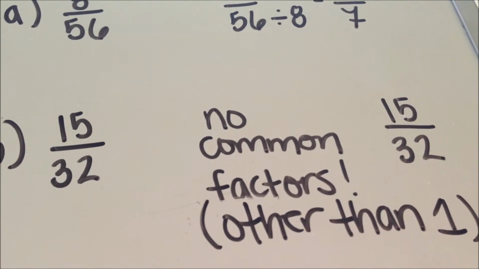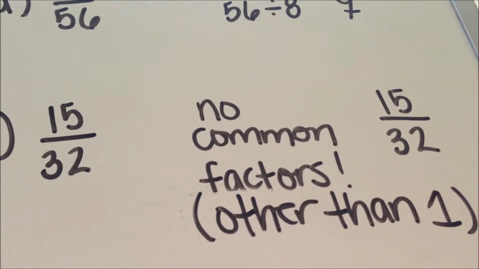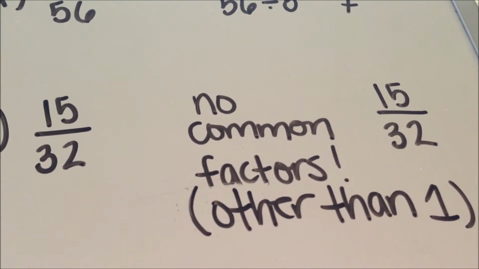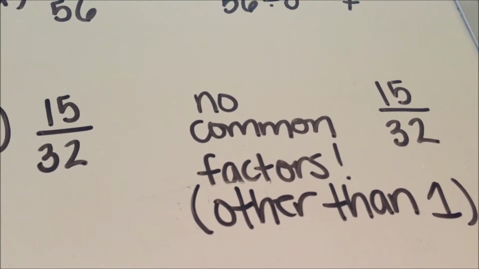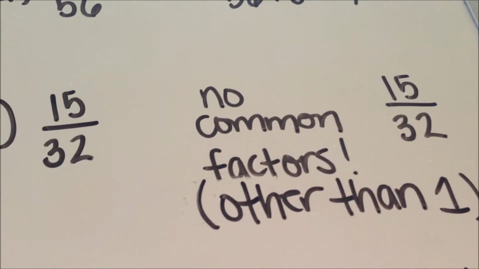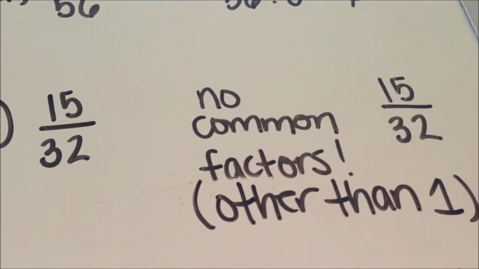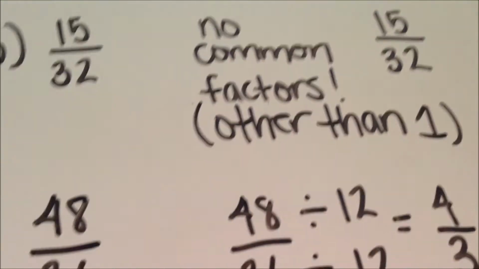The only common factor between 15 and 32 is 1. The factors of 15 are 1, 3, which does not go into 32, 5, which does not go into 32, and 15, which does not go into 32. So our final answer is 15 over 32.